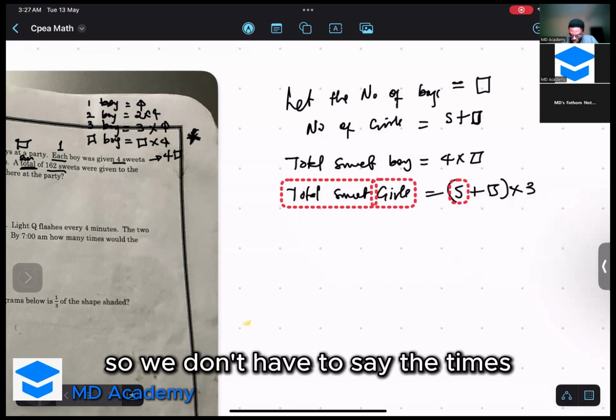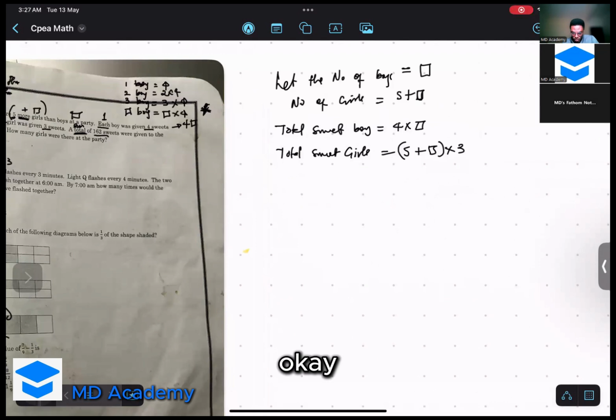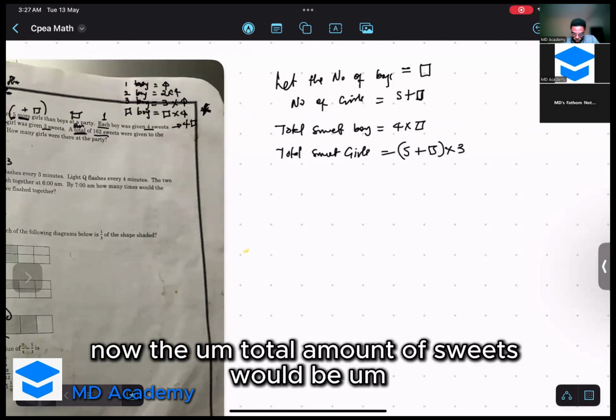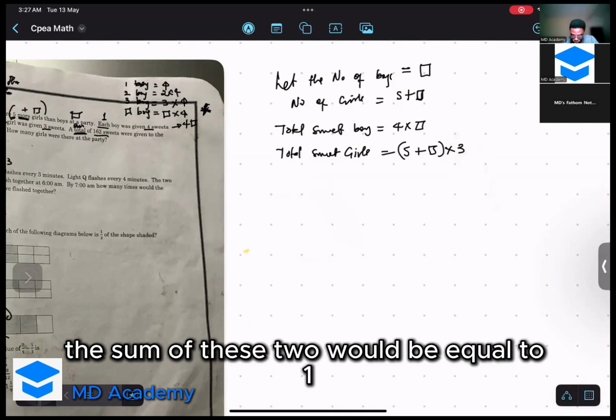So we don't have to say the times because the bracket implies that it's a multiplication. Now, the total amount of sweets would be the sum of these two figures here. The sum of these two would be equal to 162.